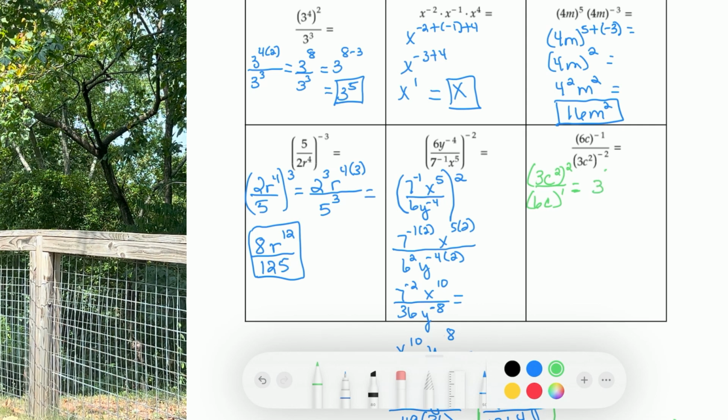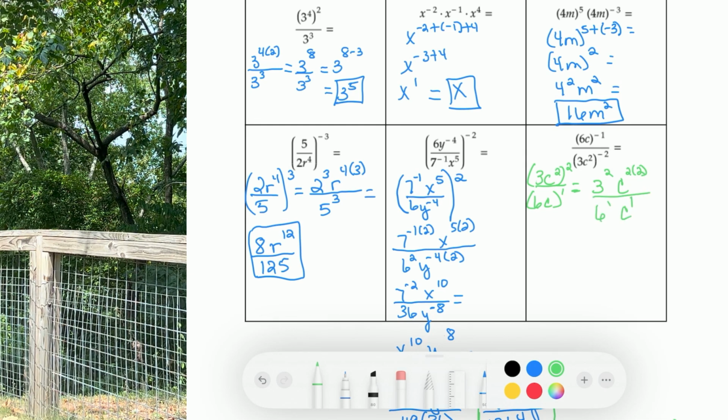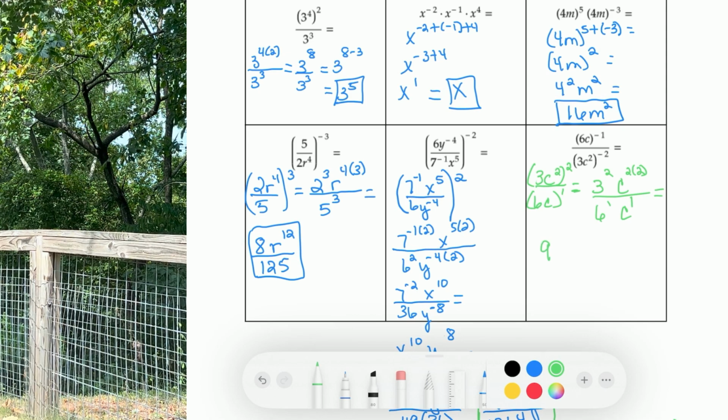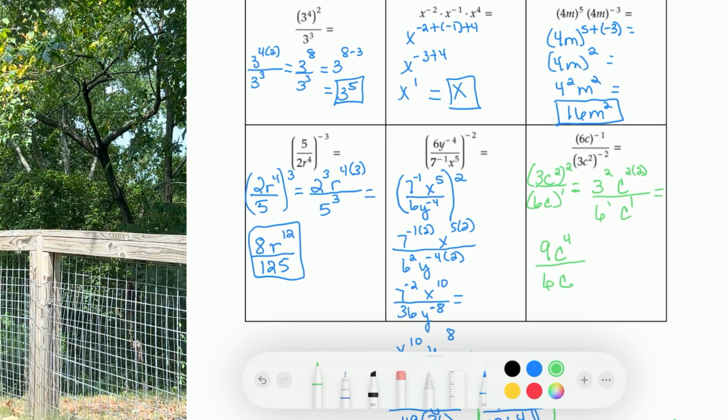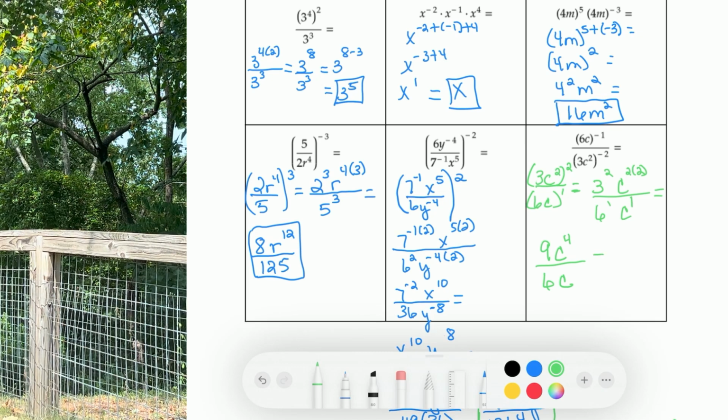All right, so now let's go ahead and distribute. I get 3 squared c to the power of 2 times 2 over 6, c to the 1. Simplify that, and I get 3 squared is 9. C becomes c to the 4th. 6 here and c here. We don't have to write those ones. The 6 is not going to move, but I do need to combine my c's.